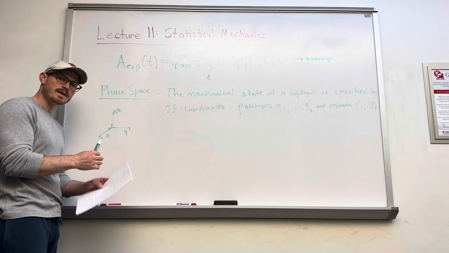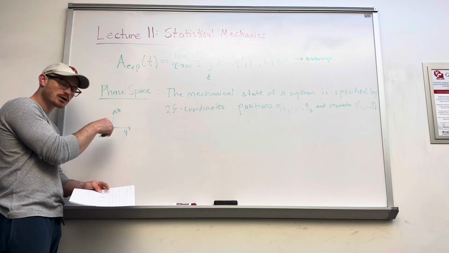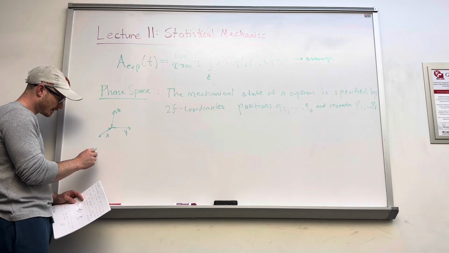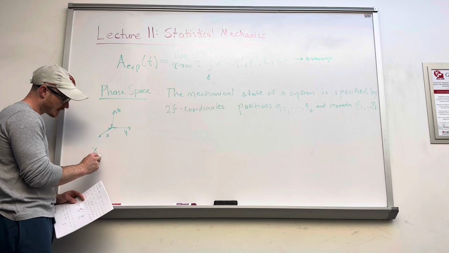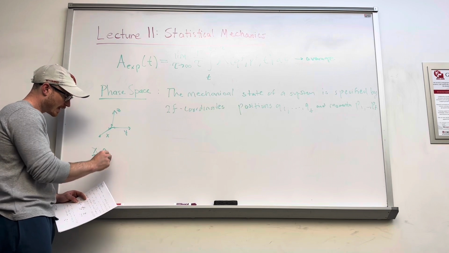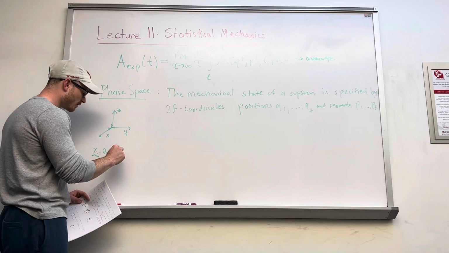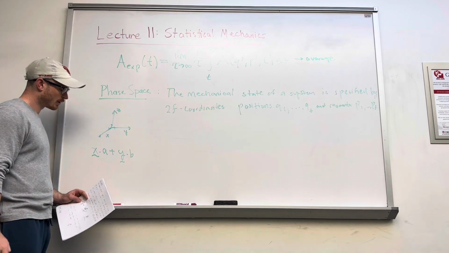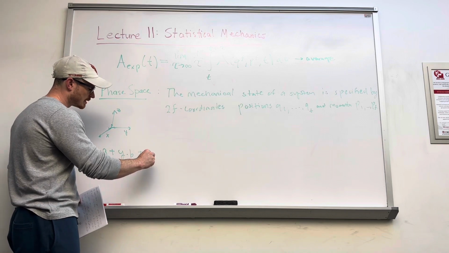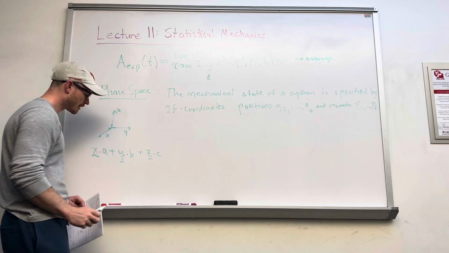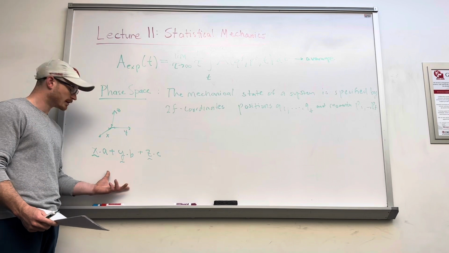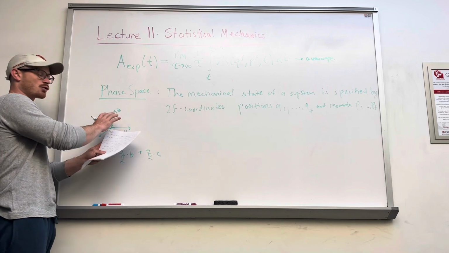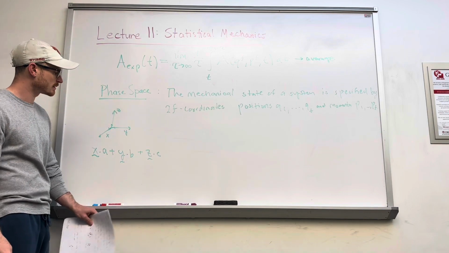Whatever you can create out of them, so if you can take a vector like the unit vector in X and multiply it by a number and add it to the unit vector in Y and multiply it by another number, and Z, multiply it by another number, any vector you can create using this method is spanned by this space. So really it is just creating this entire three-dimensional space.